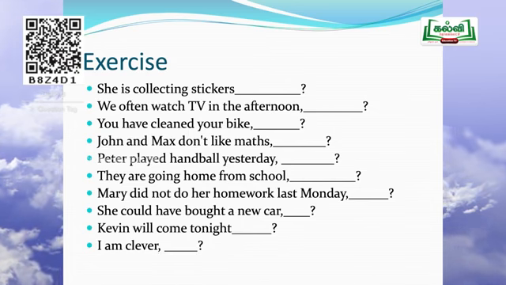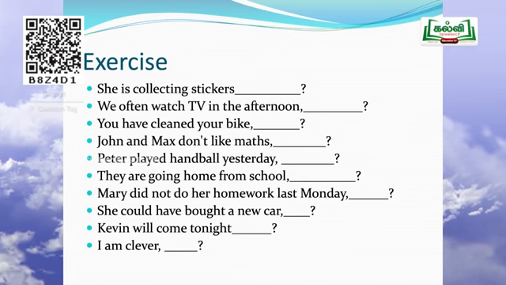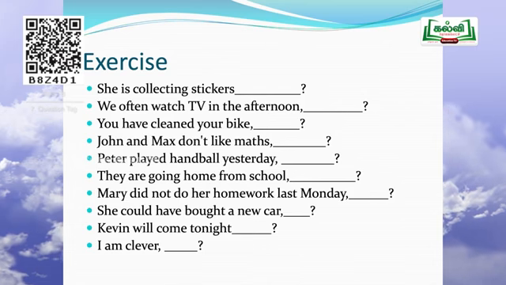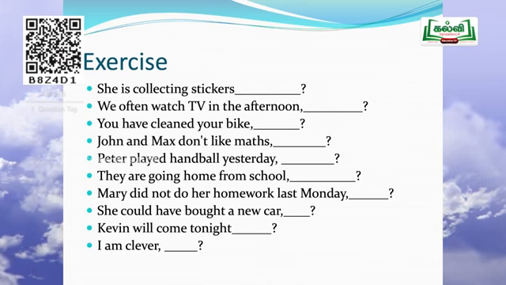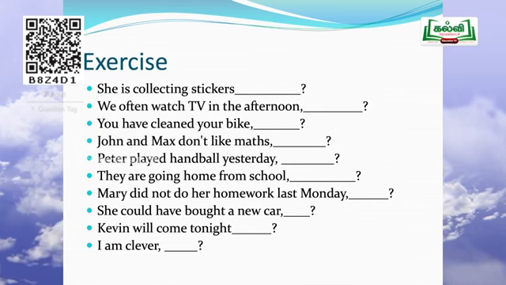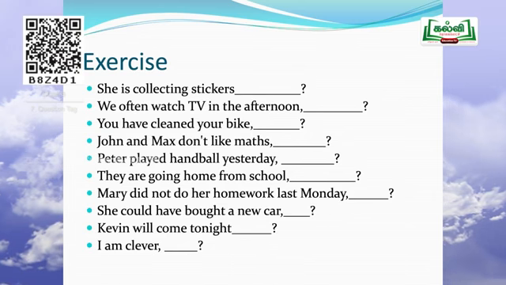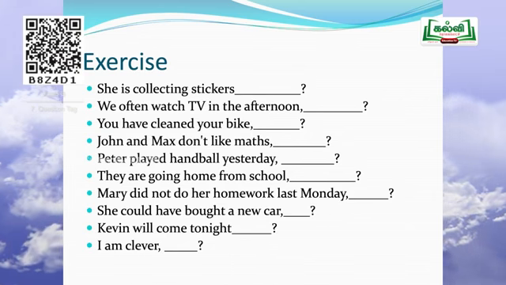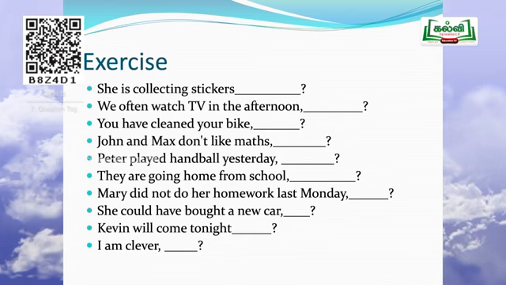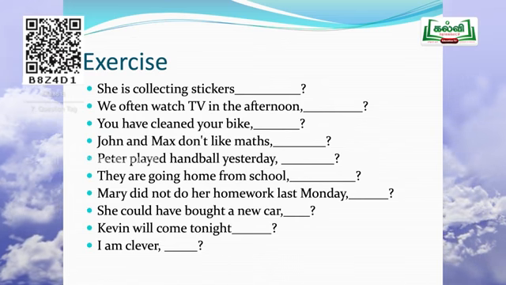So we have to split it into two parts: did plus play. So take that did and decide whether we have to add not or not. Here we have a positive statement. So add not to the verb. So did plus not, didn't. Peter is the name of a person. He is a male. So didn't he is the right option.